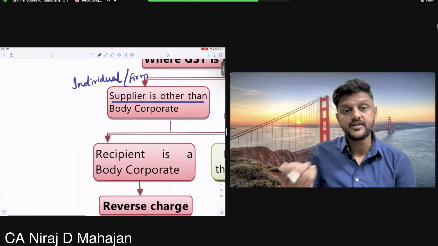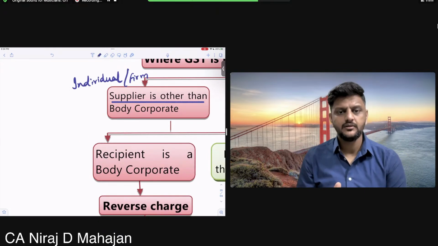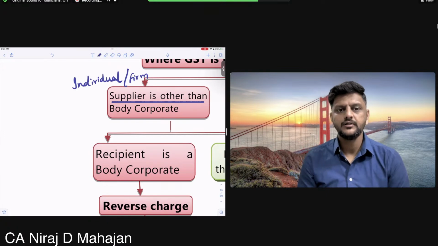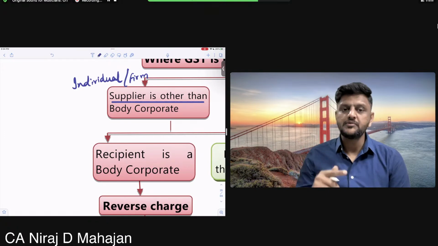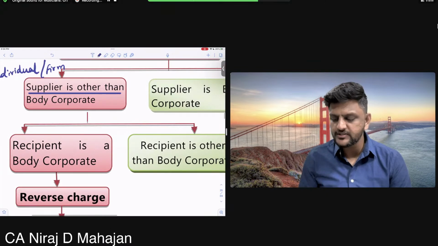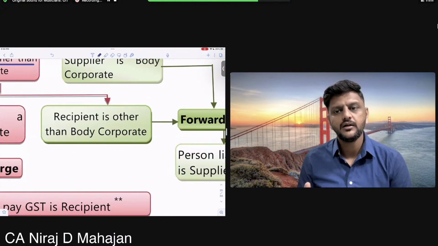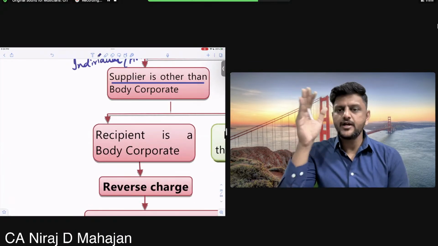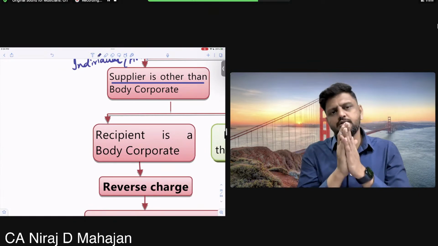Recipient is a body corporate. This matching should happen. Recipient is a body corporate, not even an individual. If it is individual to individual, it will go in this category. The category of supplier and the category of recipient should match.